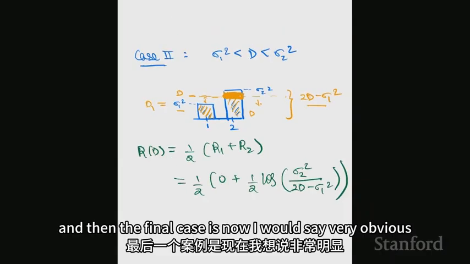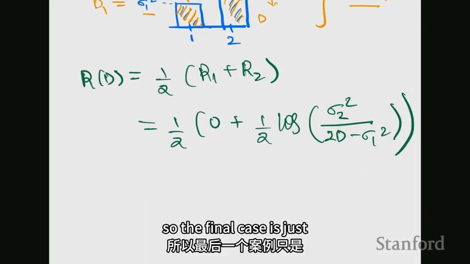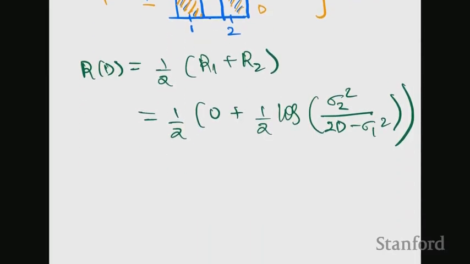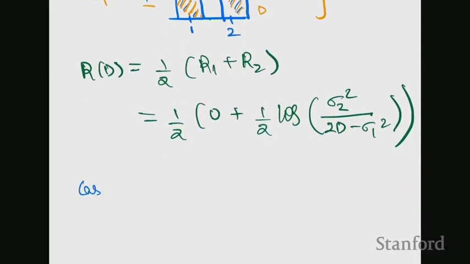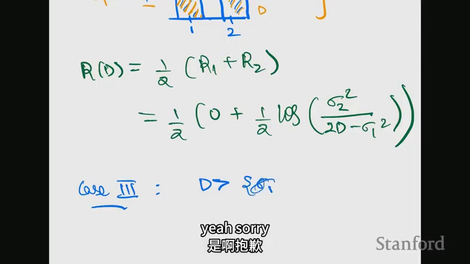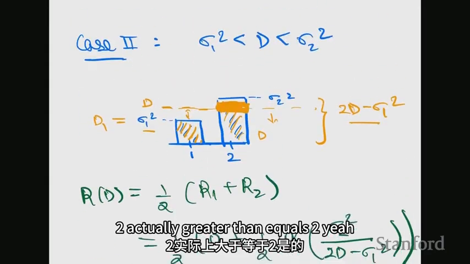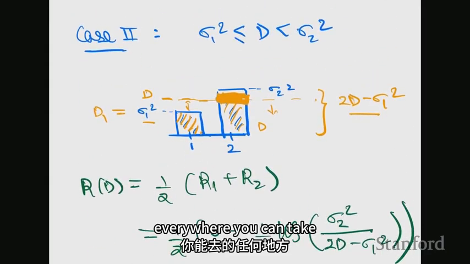And then the final case is now, I would say, very obvious, right? The final case is when your D is greater than or equal to sigma 1 square plus sigma 2 square by 2.